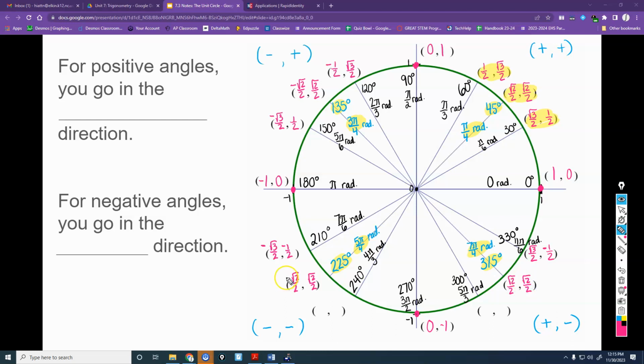And here, third quadrant, both of them are negative. Fourth quadrant, just the y-coordinate is negative. And finally, those closest to the y-axis are going to be 1/2, square root of 3 over 2. 1/2, square root of 3 over 2. And you'll have negative, negative right here, and over here you'll just have a negative.